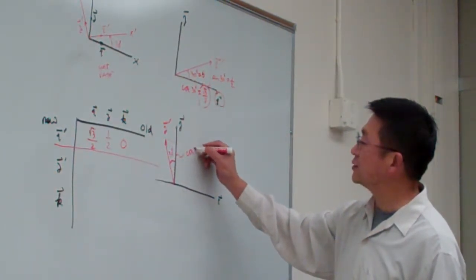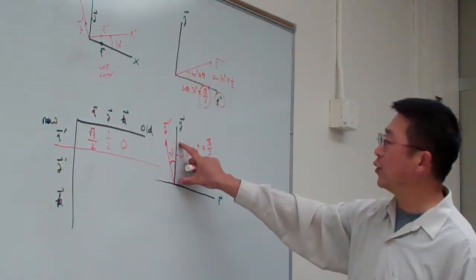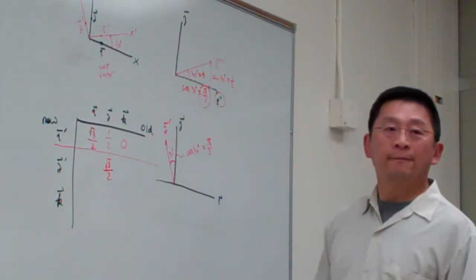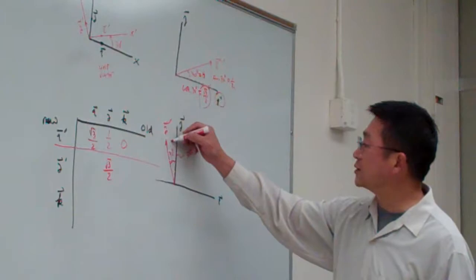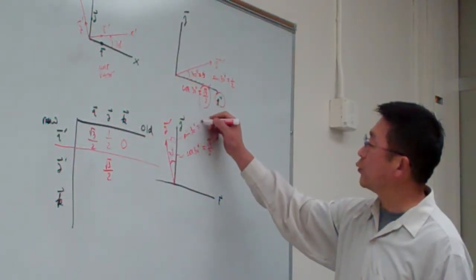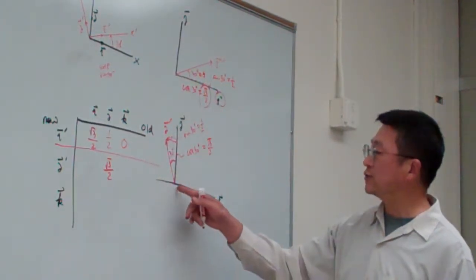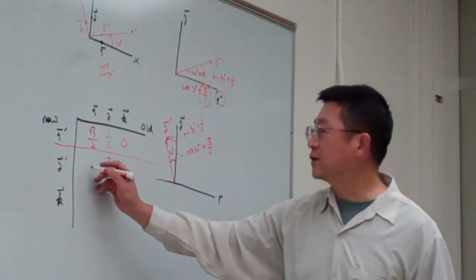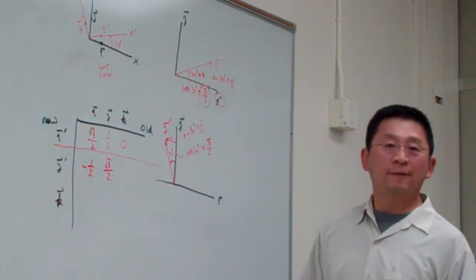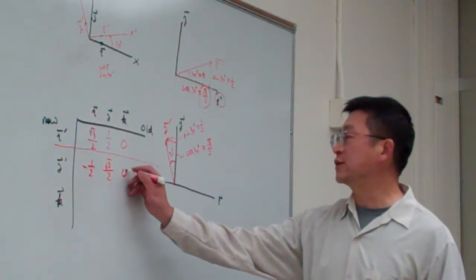So that is cosine 30 degrees, so that is root 3 over 2. And this one is the component in the j direction, so root 3 over 2. Okay. And this quantity is sine 30 degrees, and that is 1/2. However, that is the directional, so that is pointing to the negative i direction. So here we should be putting negative, and the magnitude is 1/2. Are we good? And no projection is 0.